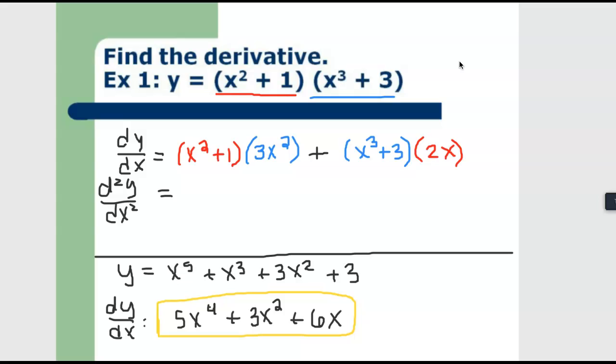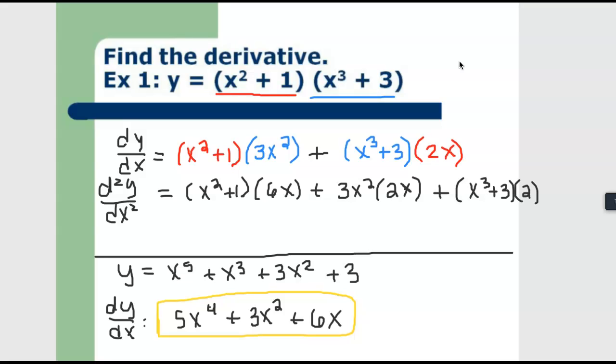And then again, I could leave these unmultiplied together, and you could do the first times derivative of the second plus the second times derivative of the first plus the first times derivative of the second plus the second times derivative of the first. If you didn't FOIL them together, correct?